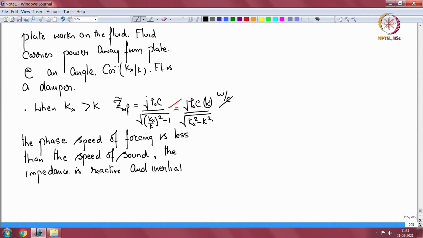So this c cancels, so I get j omega rho, I'm again using rho 0, which is okay. So rho 0 or rho, please take it as the mean fluid density, rho by square root of kx square minus k square. So you have a j omega times some positive real number, so it's inertial.